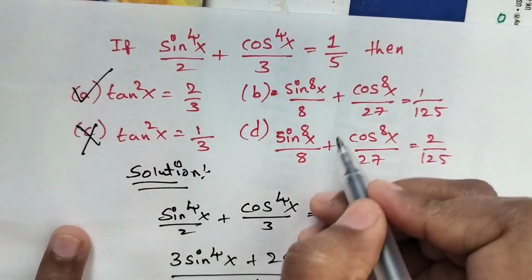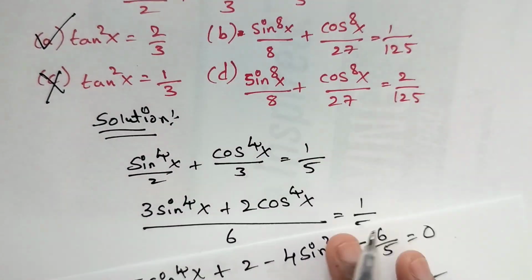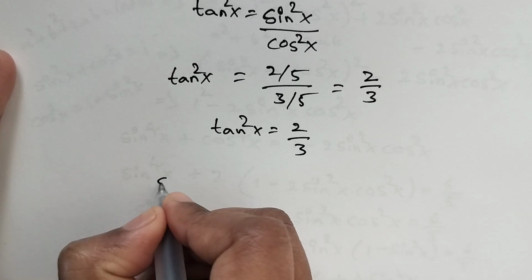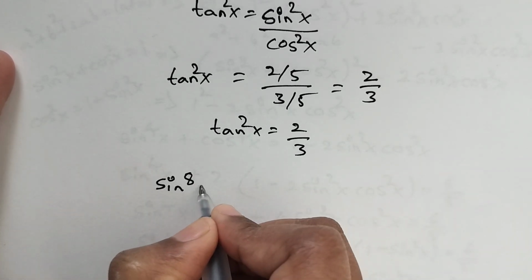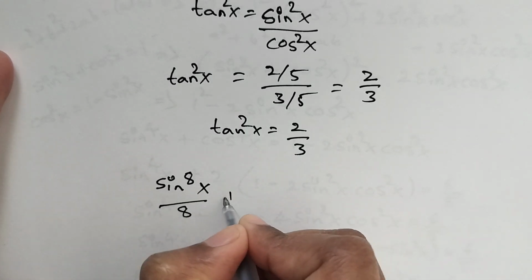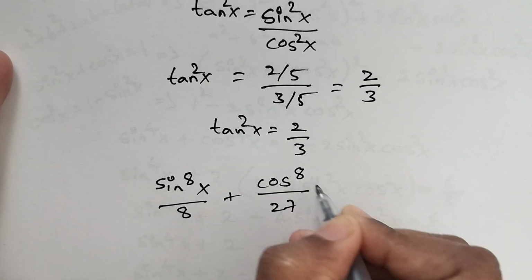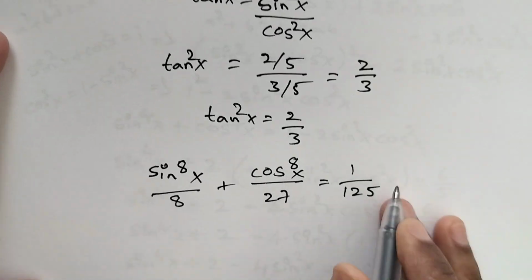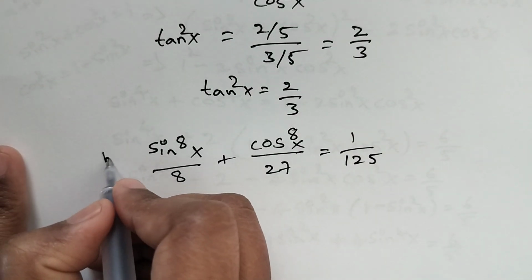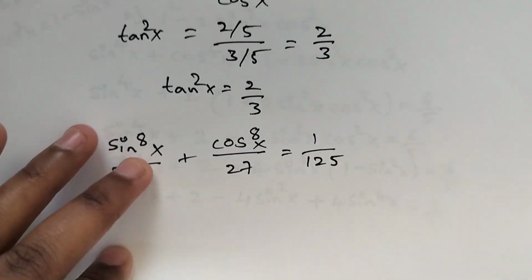So here we have two more options. Now we'll see from these two options which one is the right answer. We'll check. Sin power 8 x divided by 8 plus cos power 8 x divided by 27 is 1 by 125. So this is the B option. So let's verify.